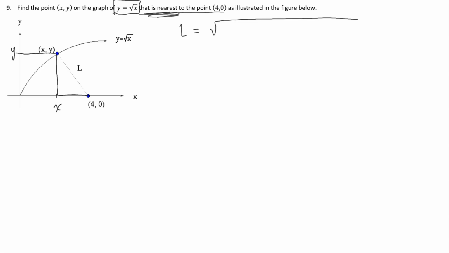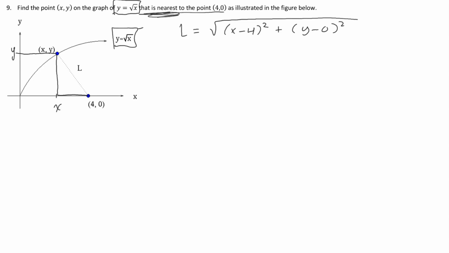So you would say (x minus 4) squared plus (y minus 0) squared. Okay, so that's the distance, and y is equal to square root of x.